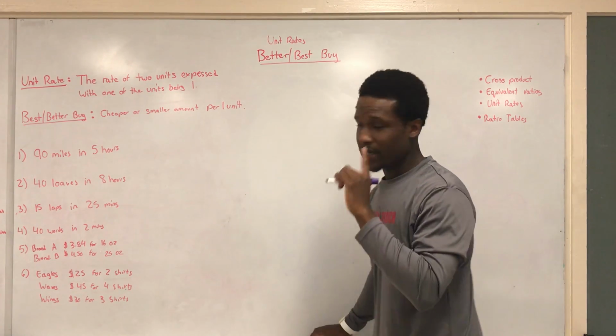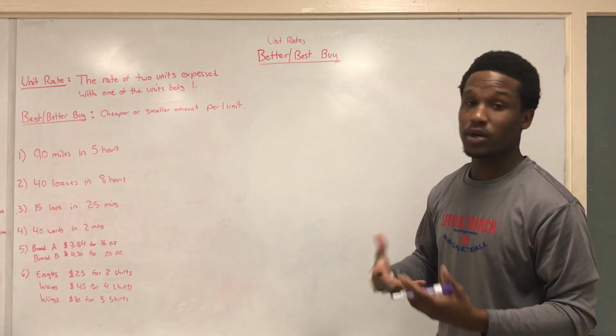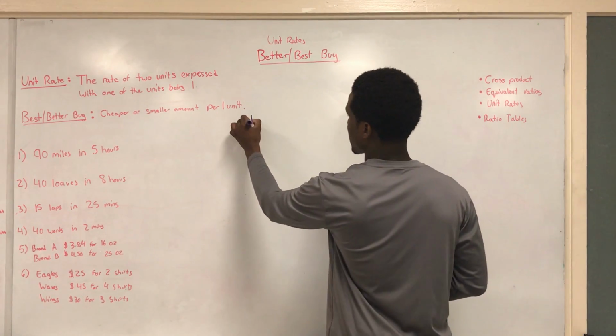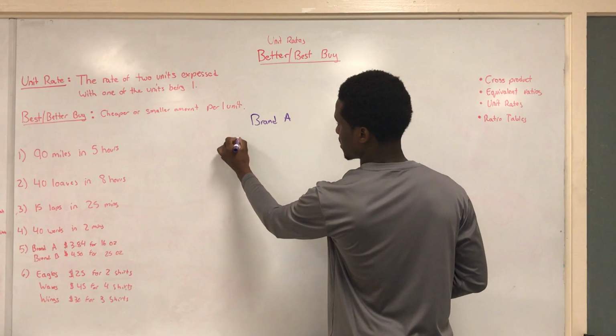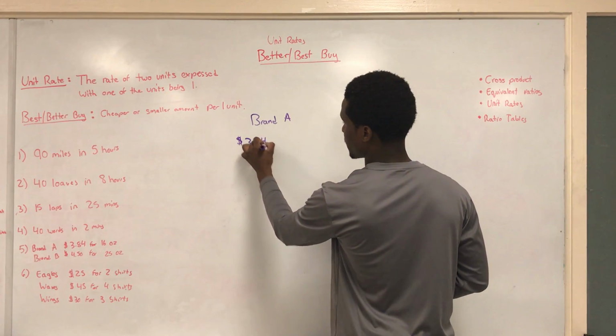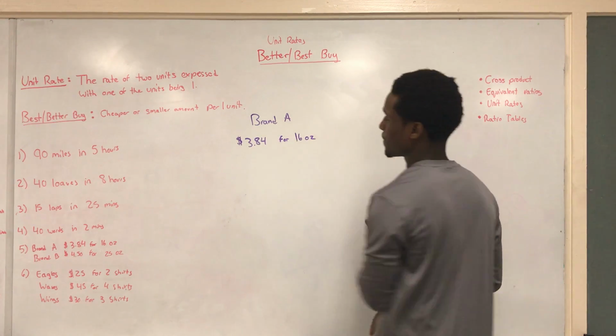Now, let's say I'm going to Walmart and I want to buy some apple juice. I buy apple juice from brand A, which costs me $3.84 for a 16-ounce bottle.